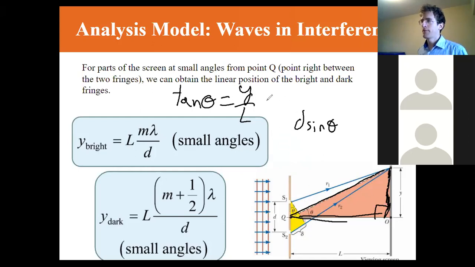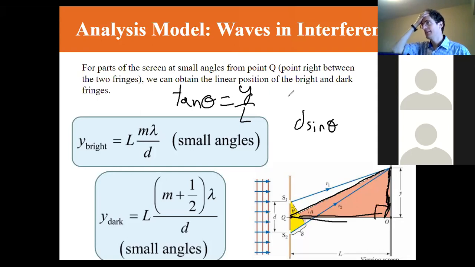So effectively you can use a small angle approximation here, because if L, the distance between the slits and the screen, is really big, that basically guarantees that the angle between the center and the slits is going to be tiny. And that's true, you've seen that in the lab. Even if you shoot your laser through the slit at a wall 5 meters away, the pattern's super tiny. So you can always argue small angle approximation.